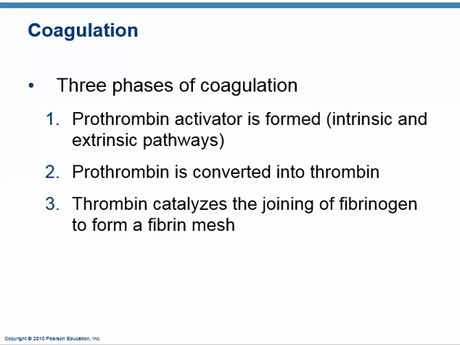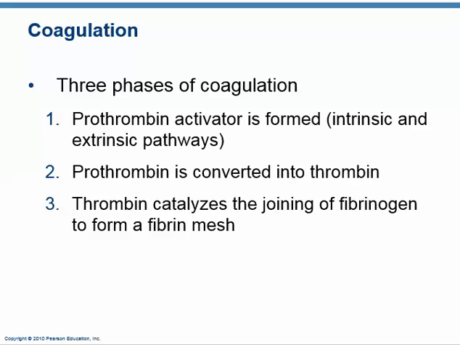There's a couple of ways that this happens, and this is somewhat important because so many people are on blood thinners, so many people have clotting issues. We try and modify this for people that have inappropriate reactions.